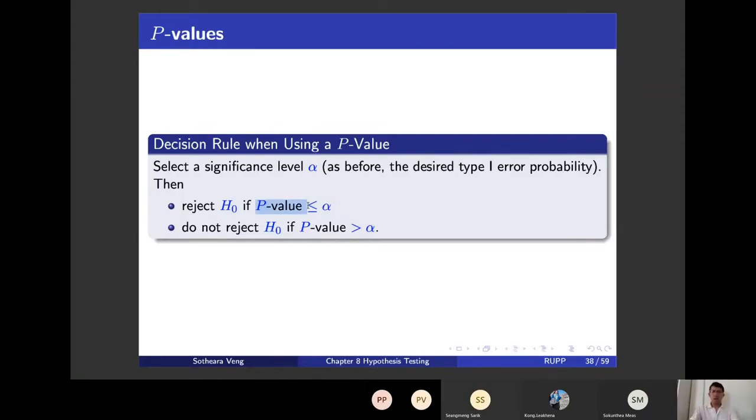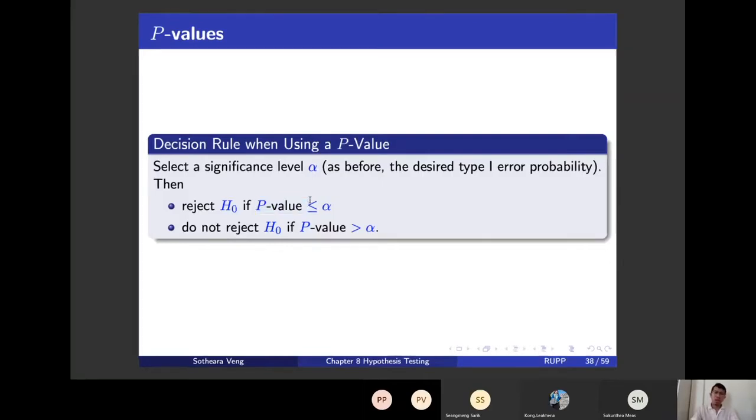Why do we need the p-value? Because the method I gave you a while ago doesn't involve the p-value, but only the critical value. You have to compare the test value with the critical value to decide whether to reject or not reject the null hypothesis.